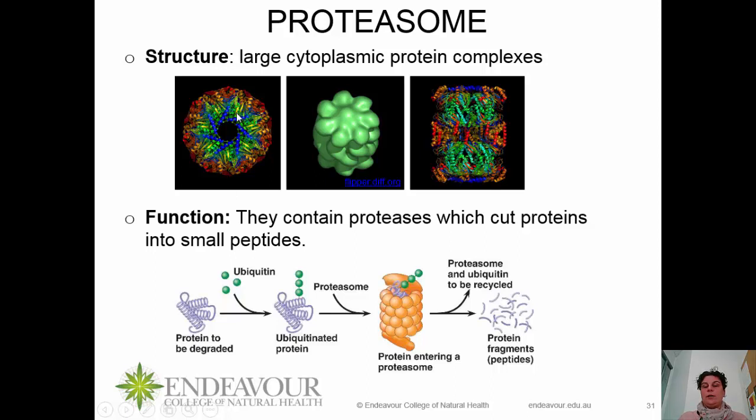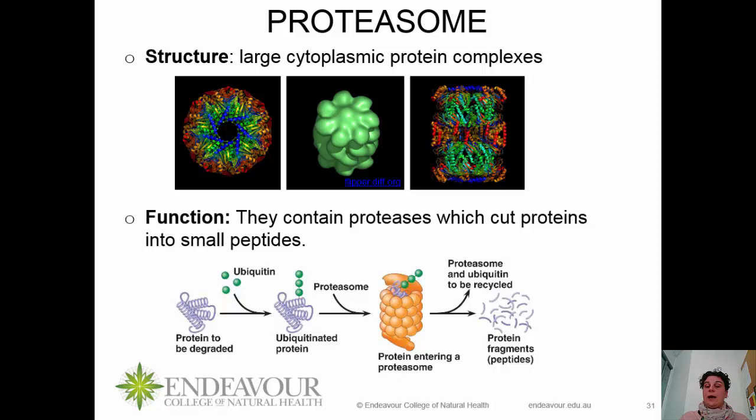What this proteasome is able to do is cut up proteins that are not folded properly, okay? The protein that needs to be degraded is labeled by a molecule called ubiquitin. Now, this is like a death wish for a protein, right?